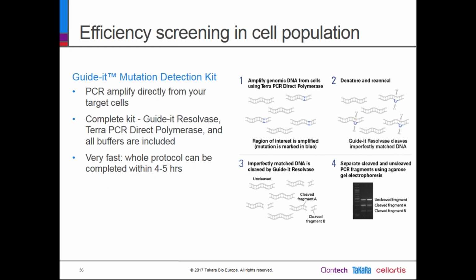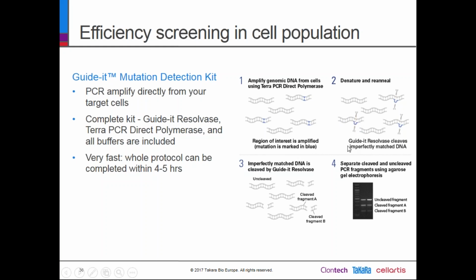The next step will be simply to denature and re-anneal the DNA. So all the molecules will be a bit scrambled, and you will end up with, for example, some wild-type molecules that will re-anneal with a mutated molecule, or 2 different mutations. And this will create a mismatch.